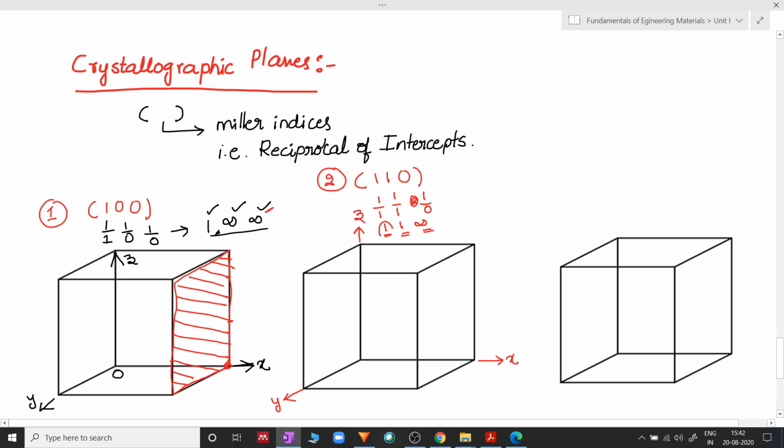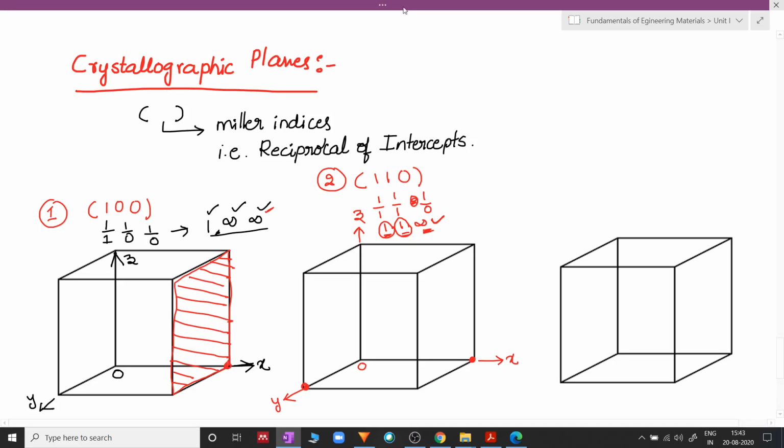Now one intercept on x axis means this point, one intercept on y axis, this is origin, from 0 to 1 unit, so this is 1, and infinite intercept means that the plane is parallel to z axis.